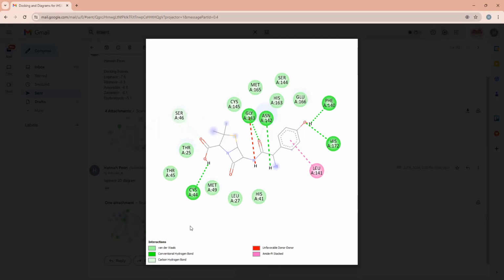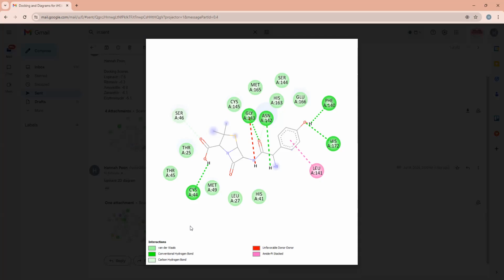And now let's count the number of interactions that this particular amoxicillin has: 1, 2, 3, 4, 5, 6, 7, 8, 9, 10, 11, 12, 13, 14, 15, 16, 17. Can you see? The same 17 interactions that amoxicillin has is what lopinavir had.